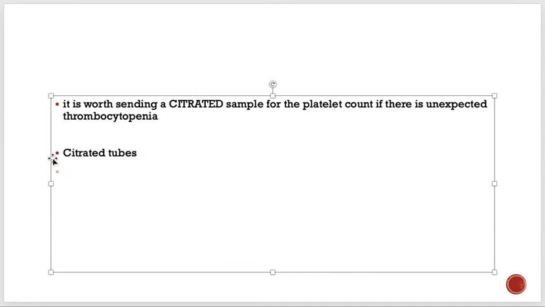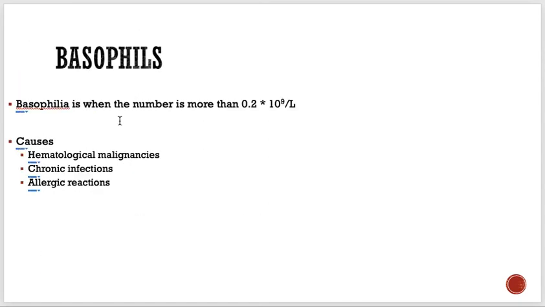Citrated tubes have citrate, a reversible anticoagulant, and most of the time they have a light blue cover to identify them. They are used for coagulation studies, or when you are going to count the platelets, or whenever you want the real platelet count. So I hope you understand this thing, guys.